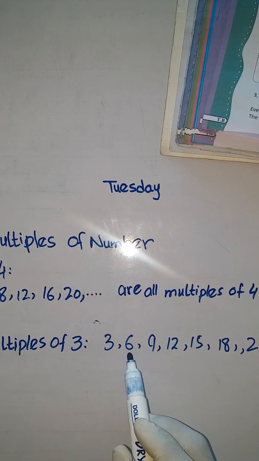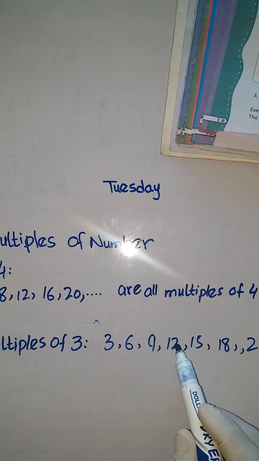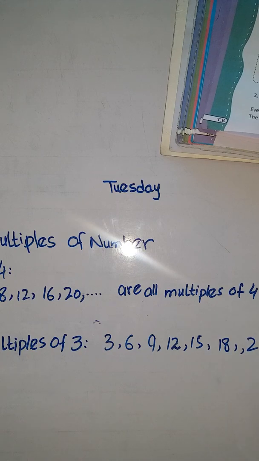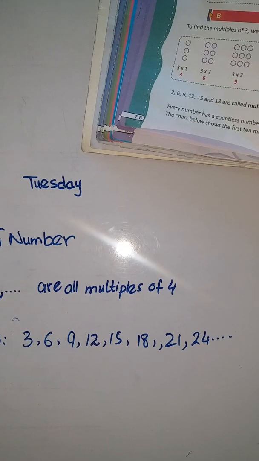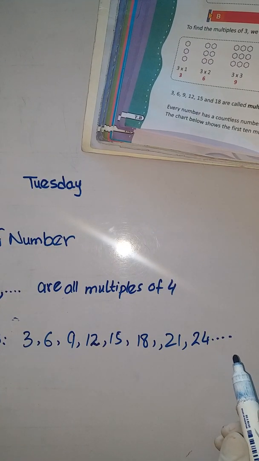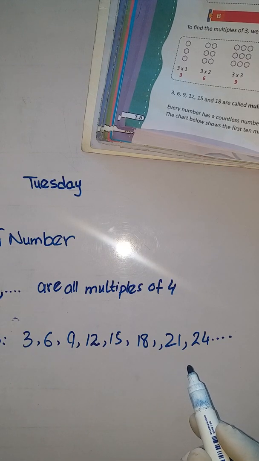So 3 1s are 3, 3 2s are 6, 3 3s are 9, 3 4s are 12, 3 5s are 15, 3 6s are 18, 3 7s are 21, 3 8s are 24 and so on. Countless multiples. Every number has a countless number of multiples.